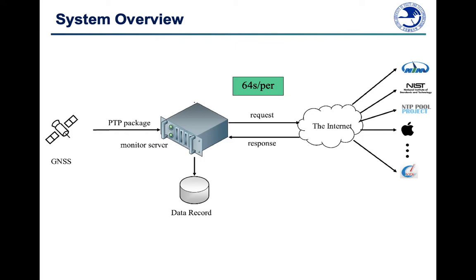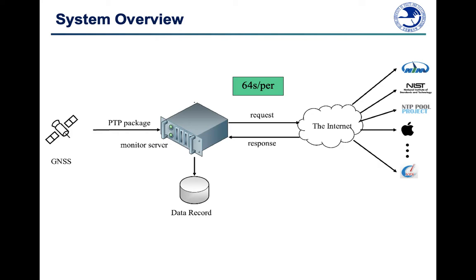The service monitoring module sends a time request message to the monitored time service via the Internet with a period of 64 seconds, and the data acquisition module stores the data in text form for the data analysis.